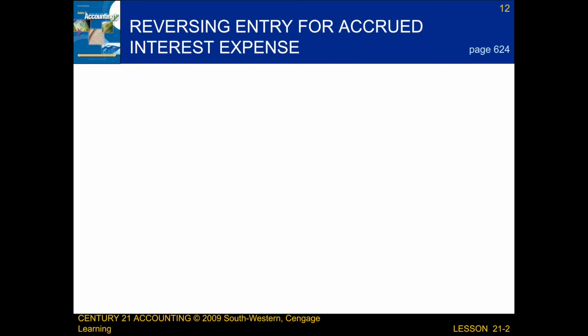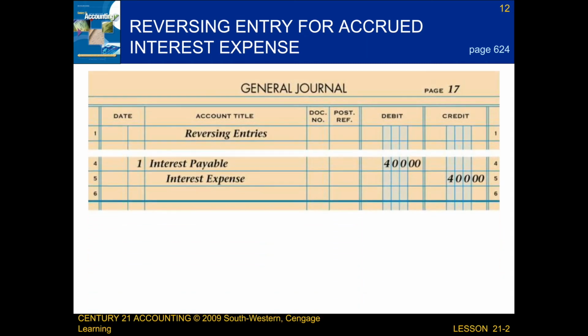Alright, next we're going to be talking about recording a reversing entry for accrued interest expense. So when we record a reversing entry for accrued interest expense, there are a few steps that we have to follow in order to complete this process.